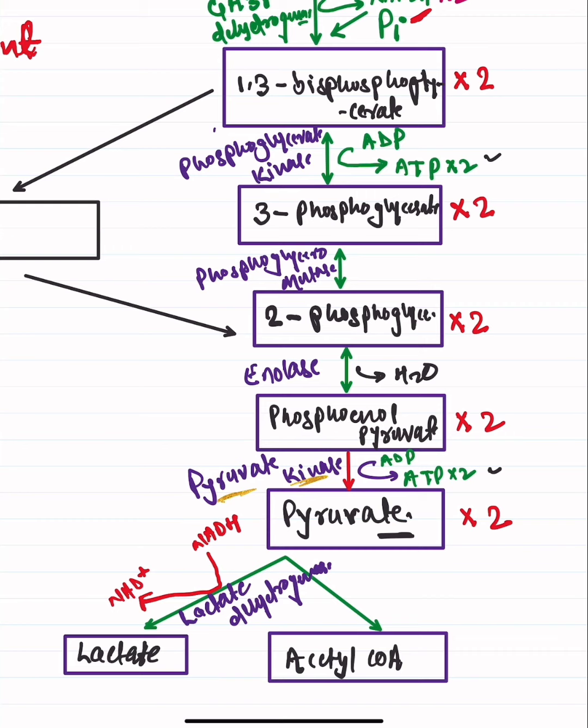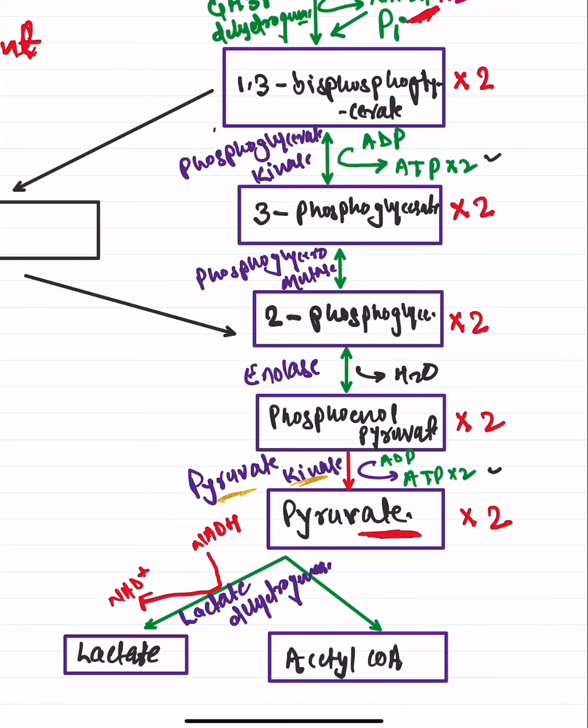But if there is absence of mitochondria, and we are using all the NADH in glycolysis, after some time there will be absence of NAD+, so the glycolysis will stop. For glycolysis to occur, there should be the presence of NAD+. For that purpose we have to regenerate the NAD+. For that purpose this pyruvate will change into lactate and it will use NADH and it will regenerate NAD+.